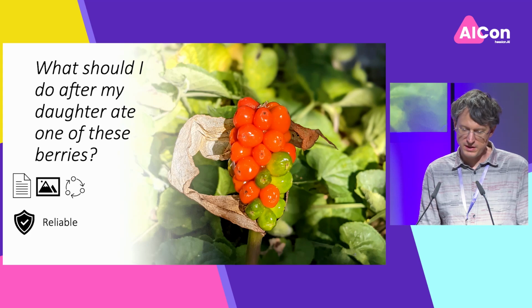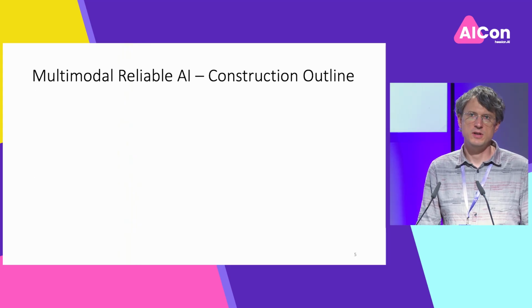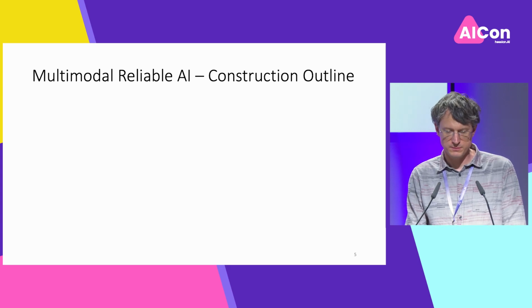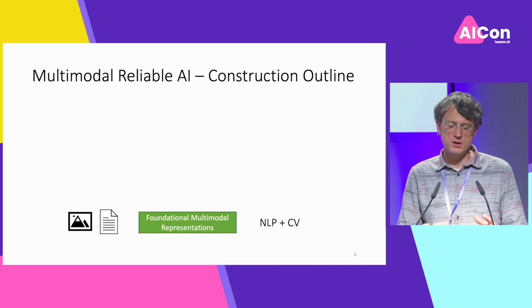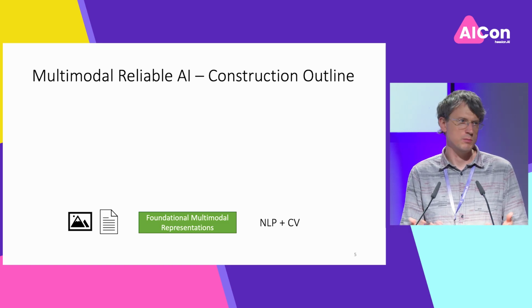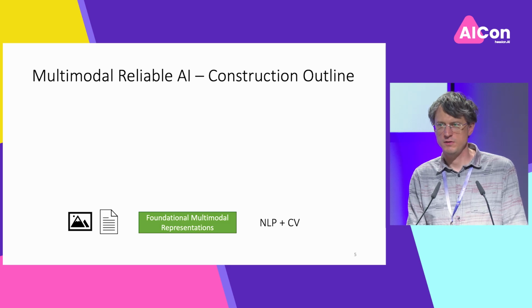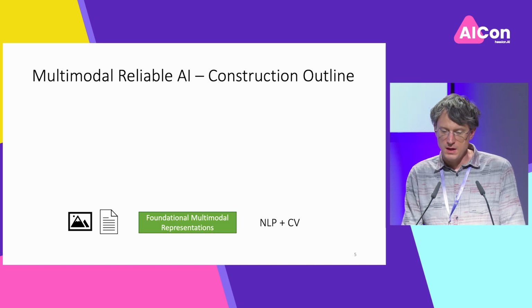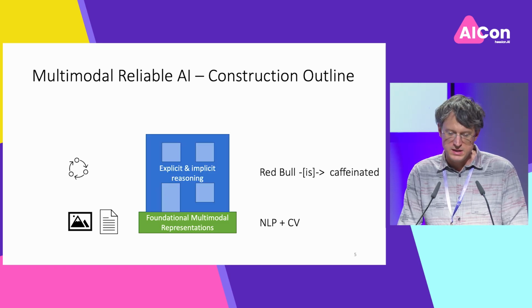So that's basically what I think about as reliable, that we can trust what the system is doing. So what is needed for this? On the one hand, I think foundational representations, both on the visual and language side and potentially other modalities. If we, for example, think about robotics, as in the previous talk, though I haven't done anything in robotics myself.